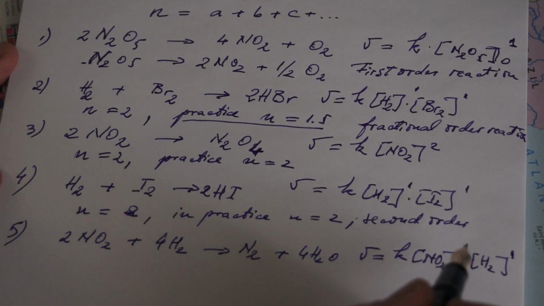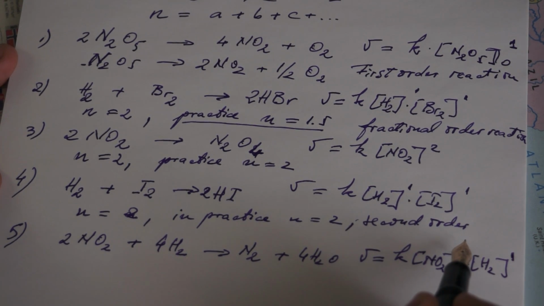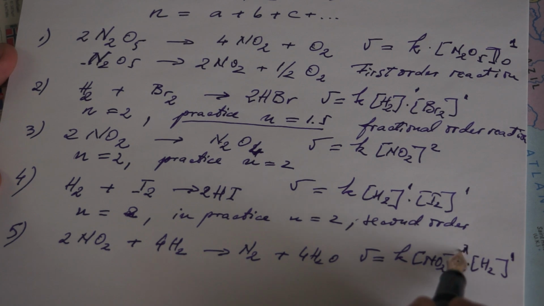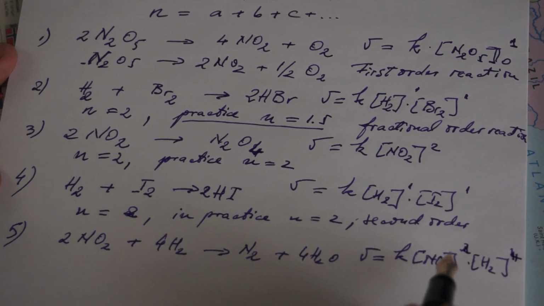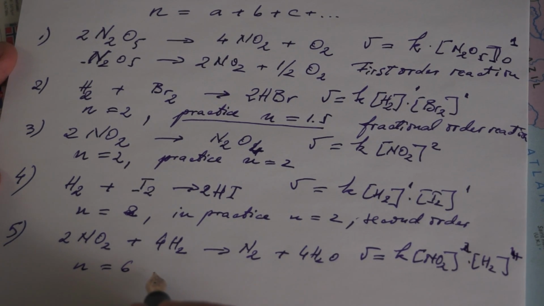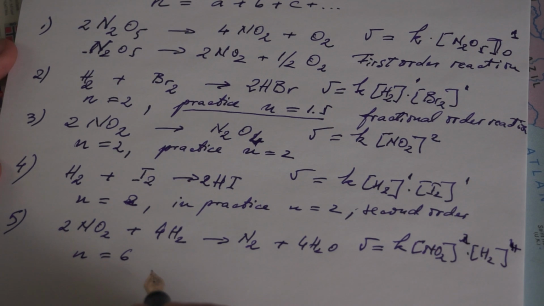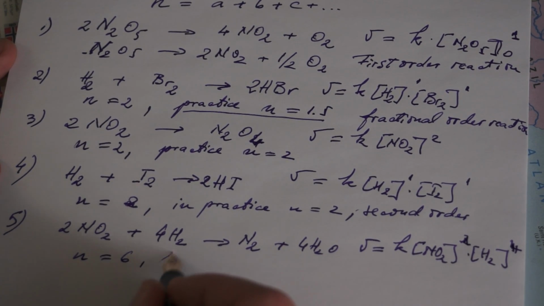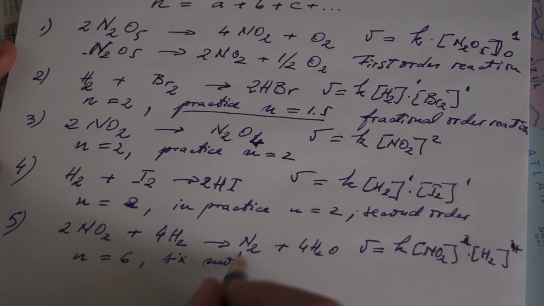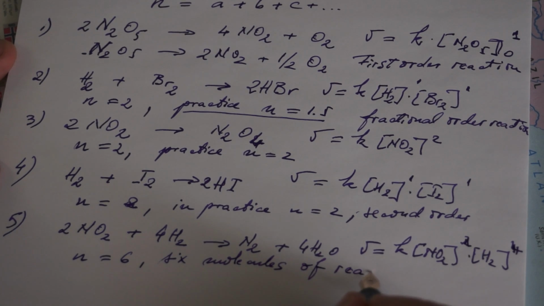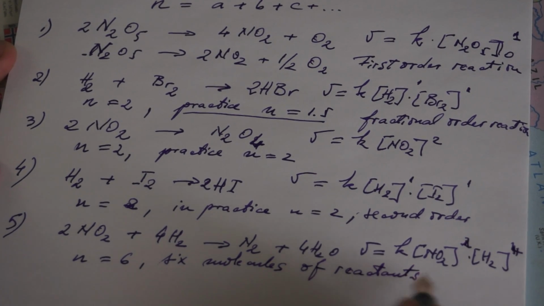In theory, I could write 2 here and 4 here. But such an order of 6 is very unlikely, because 6 would signify that I need the collision of 6 molecules of reactants, and it's unrealistic.